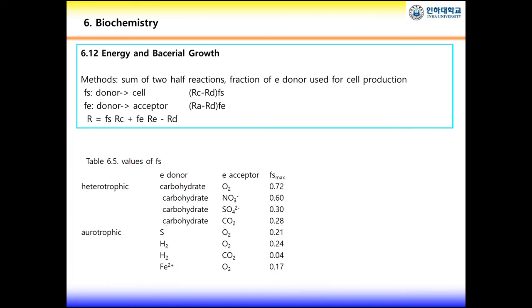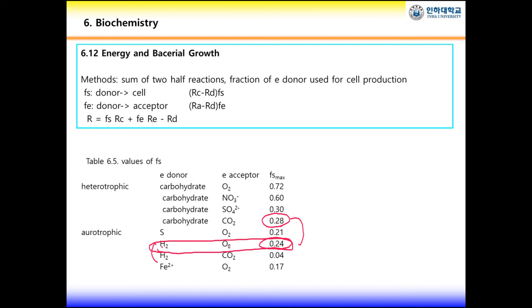But if you compare, say, hydrogen as the electron donor and oxygen as the electron acceptor, the FS value is 0.24, which is quite close to the heterotrophic case.